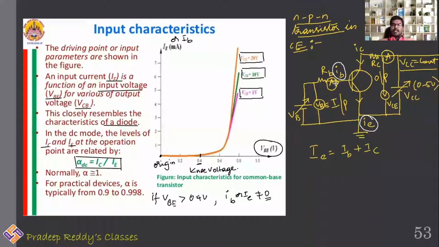But we are characterizing the transistor in common emitter configuration. So usually we will be taking beta here. As we are considering beta here, instead of IE, we will always be taking IB. Beta will be equal to IC divided by IB. This is the beta value. Usually its value can vary up to 500.